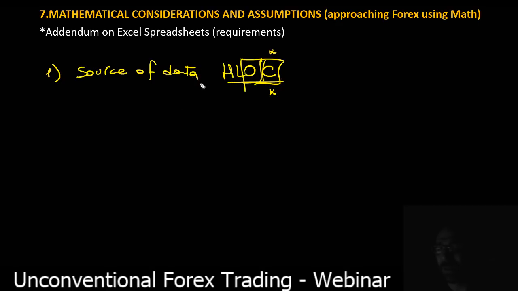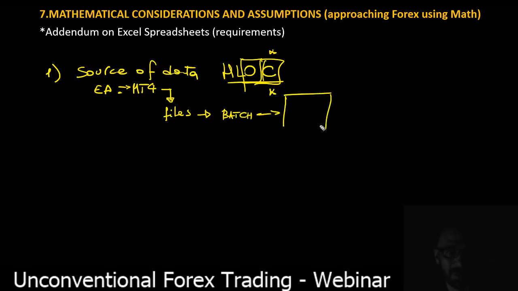When you have this source of data, in my case is an EA that grabs the data from the MT4 and gives an output in files that through a batch process in my computer goes to my spreadsheet.